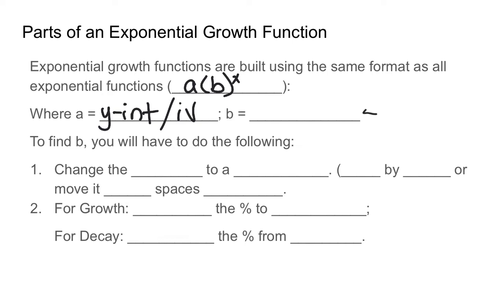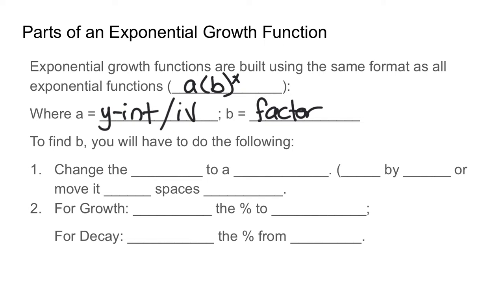And b represents your factor. But you're not going to be able to just immediately know b in these problems. They're going to have to find b using the percentage that they give you and the information that they tell you. So the problem is going to tell you that it's either growing or decaying, and it's going to give you a certain percentage amount.